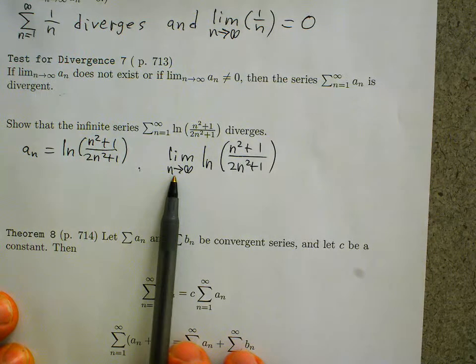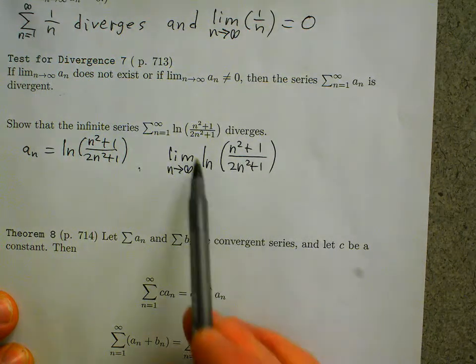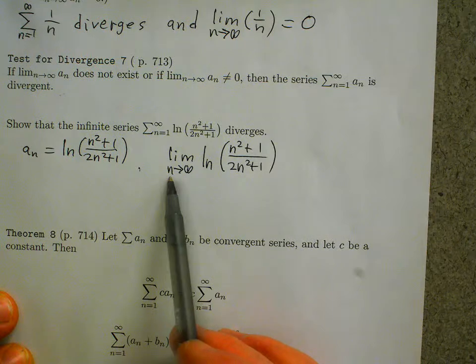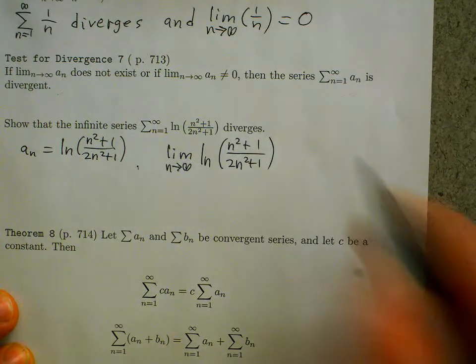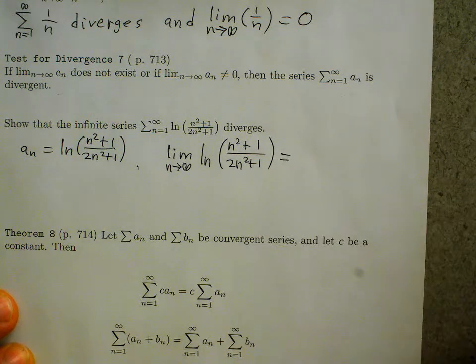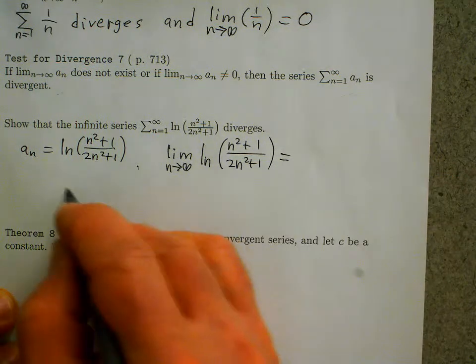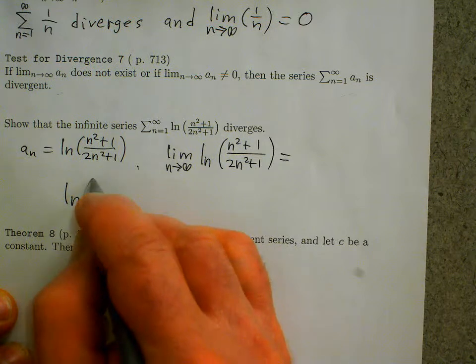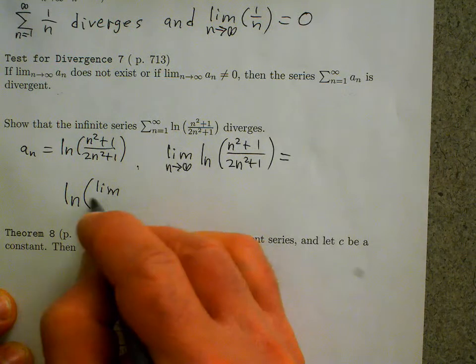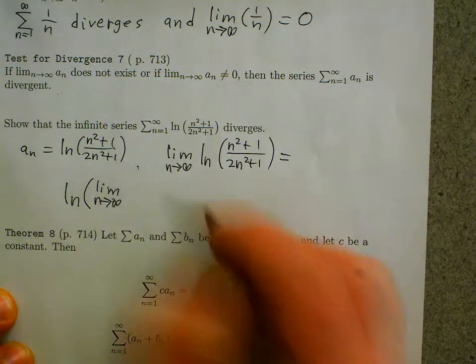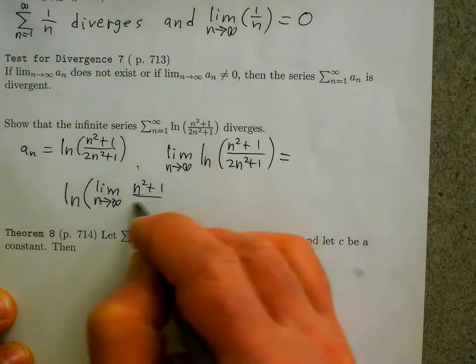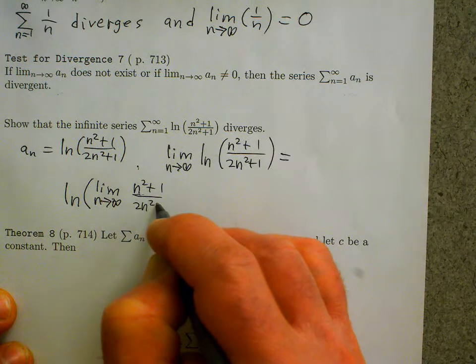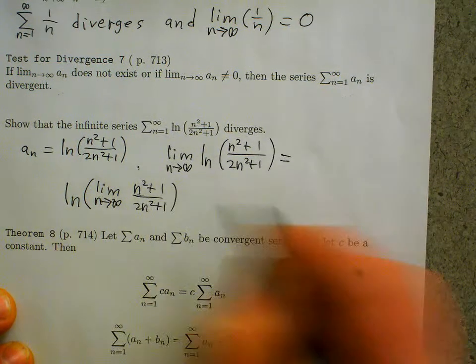If we're taking the limit as n approaches infinity of the natural log of a function of n, we can write this as the natural log of the limit as n approaches infinity of (n squared plus 1) over (2n squared plus 1).